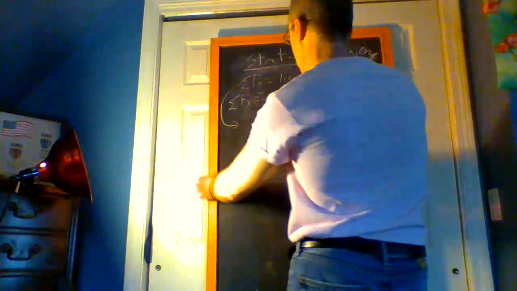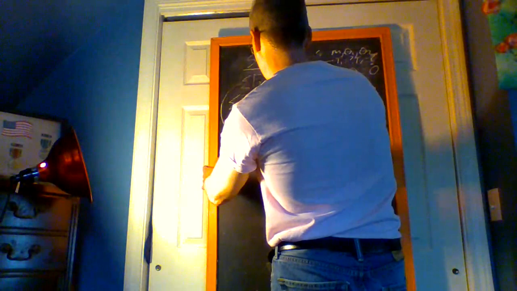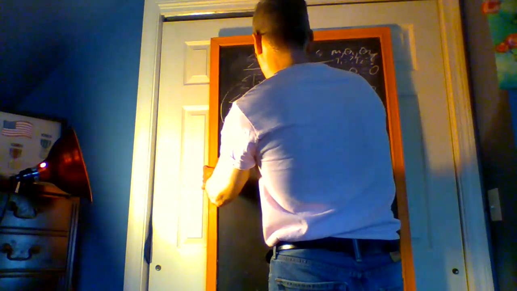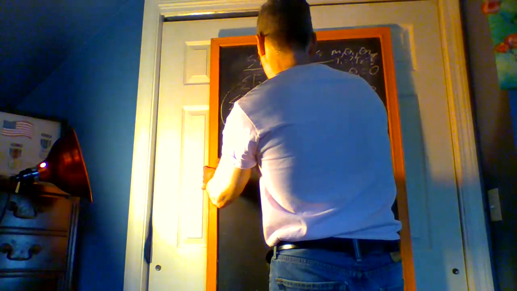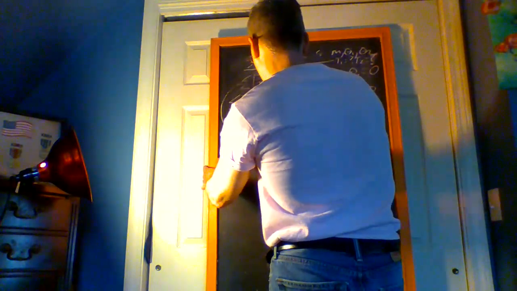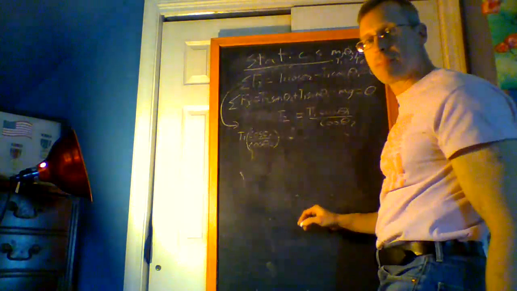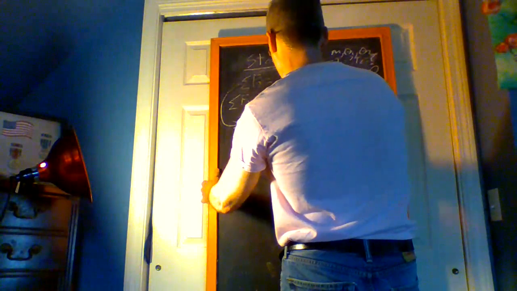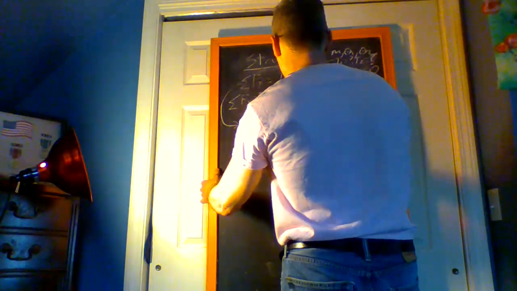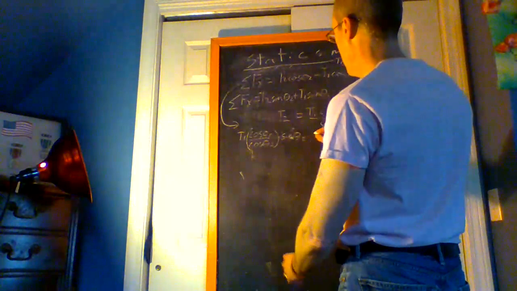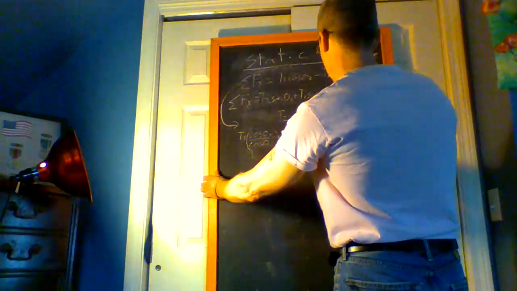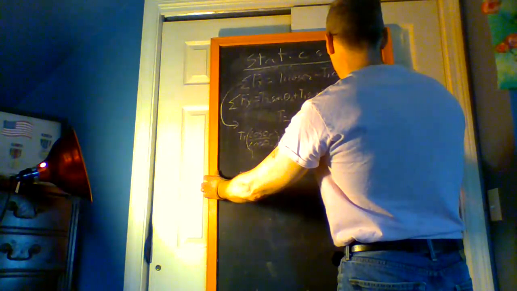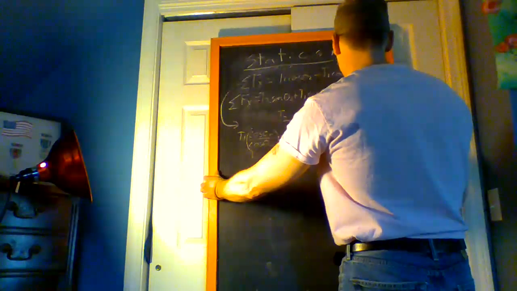That's going to look like T1 cosine theta 1 over cosine theta 2, times the sine of theta 2, plus T1 sine theta 1, is equal to mg.